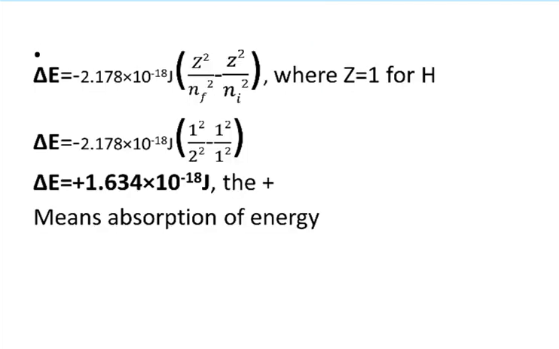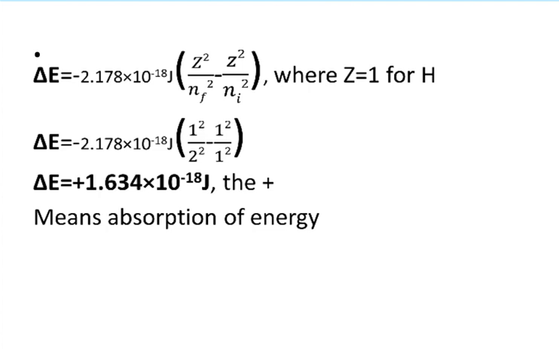The change in energy is equal to, in this case, since the electron is gaining energy, we expect a positive value. But in a case where the electron is losing energy or emitting, we are going to observe negative values for delta E.